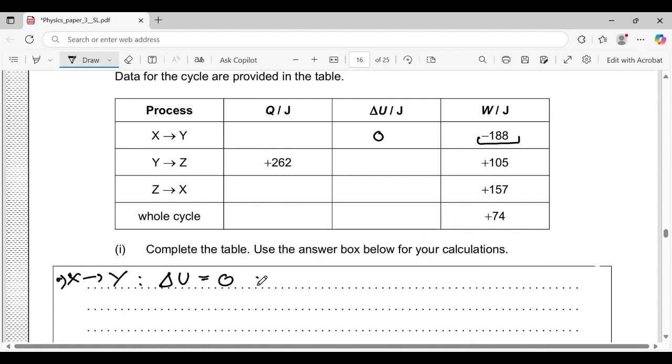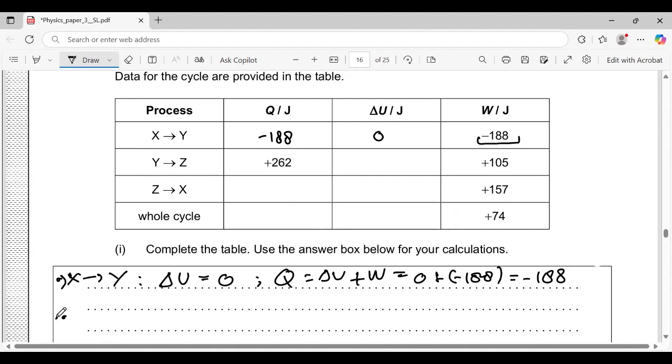So it means we can determine Q based on the formula delta U plus W equals 0, so 0 plus minus 188, or minus 188, 188 here.